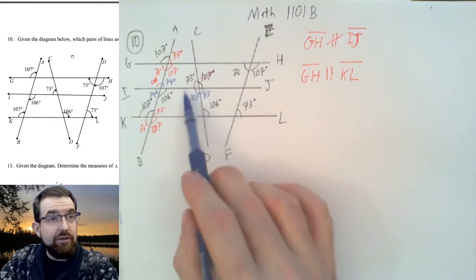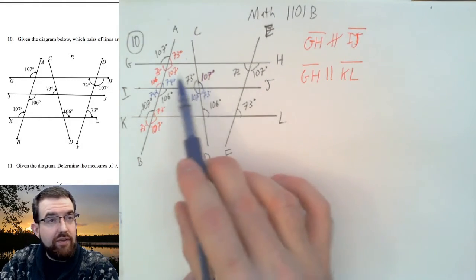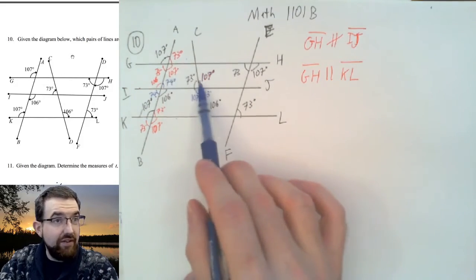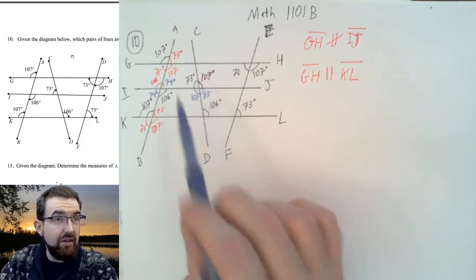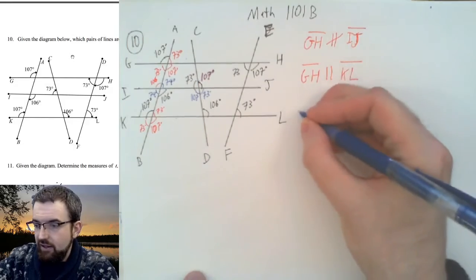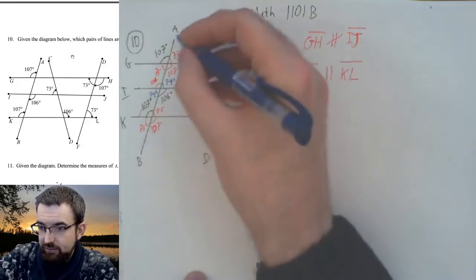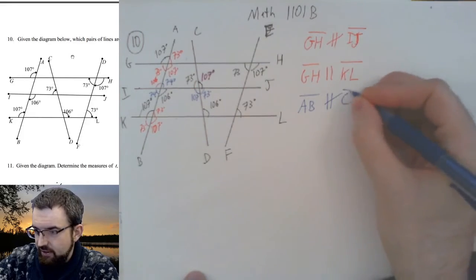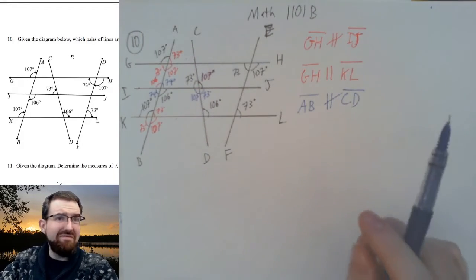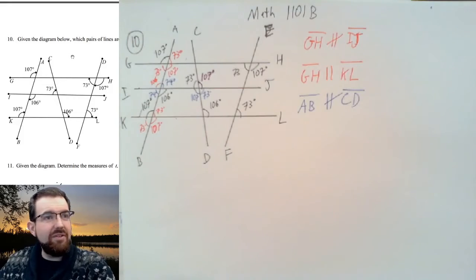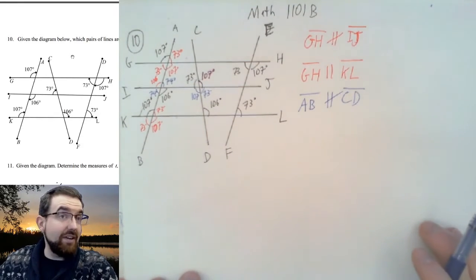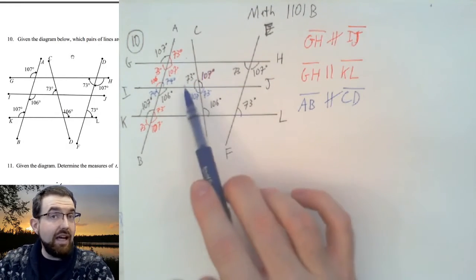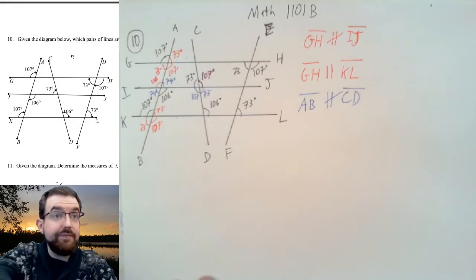But because the angles around this point, right, 107, 74, those aren't the same, obviously. 73, 106, those aren't the same, obviously. We now know that AB, so this one coming down here, is not parallel to CD. That one might look fairly obvious, right? But we still had to go ahead and say it because of those blue angles there, right?